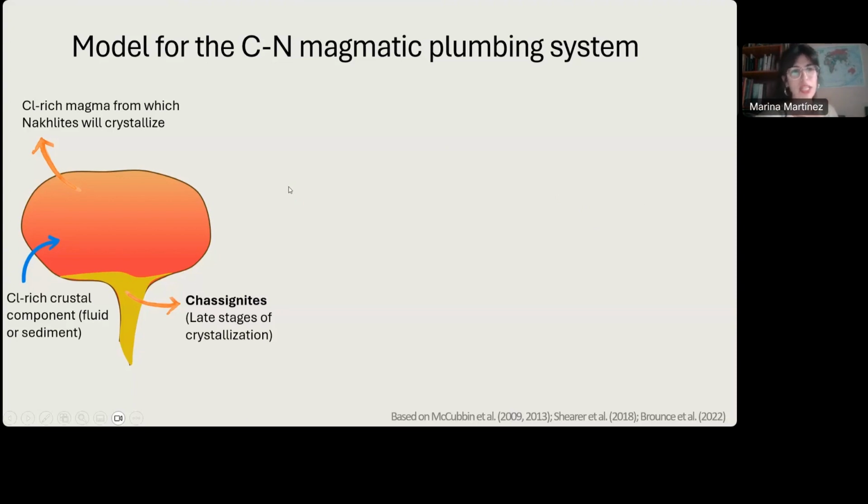magma chamber, where we have first the chassignites crystallizing. And here I'm showing that in the late stages of crystallization of the chassignites, there was an addition of a chlorine-rich crustal component, fluid or sediment, that was added into the magma.